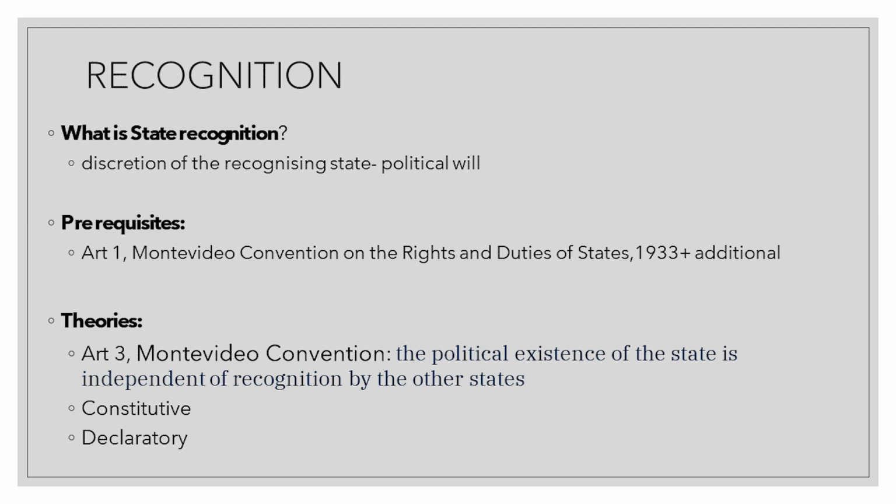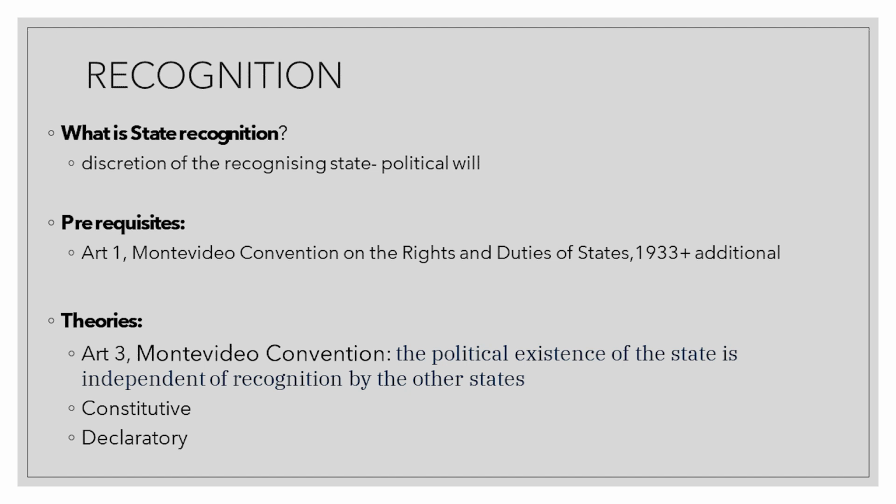It is Article 3 of the Convention. Article 3 of Montevideo Convention on the Rights and Duties of States, 1933, says that the political existence of the state is independent of recognition by the other states. And this clarifies the point that I was making, the last point on prerequisites of statehood.